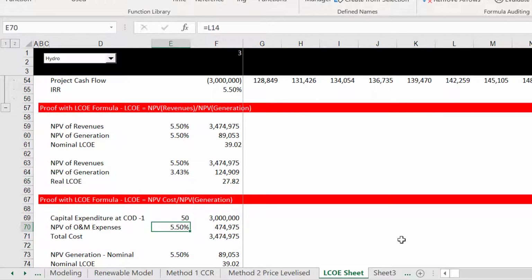And then for the NPV of the O&M costs, you can use a PV factor on the real amount that goes over the lifetime of the project and uses a nominal rate, and that gives you the total cost.